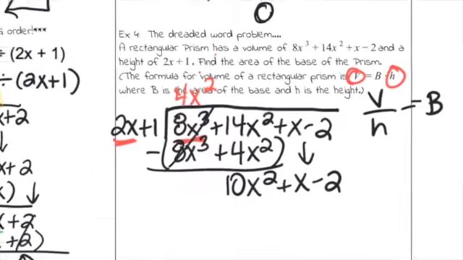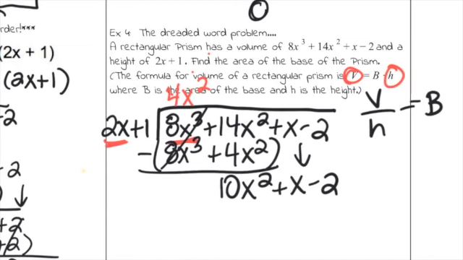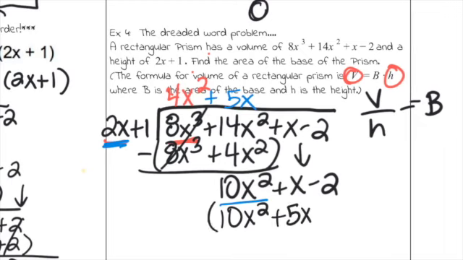All right, and then from there, we're going to start the process again. We're going to repeat. So what do I need to multiply 2x by to give me 10x squared? So that's going to be plus 5x. So distribute, 10x squared plus 5x. Subtract. So cancel.